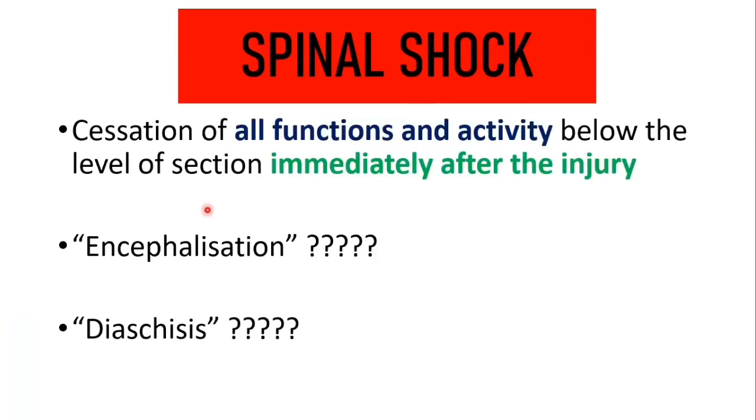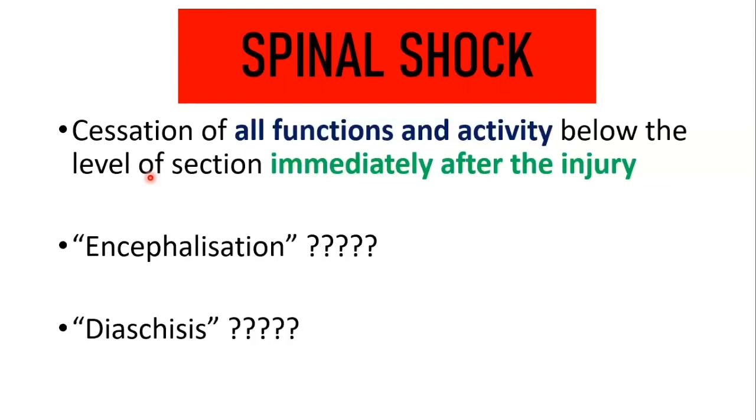The symptoms that you show in the stage of spinal shock depend on the level of section. Say, for example, you have a neck injury at the level of C5 or above C5. Then your respiratory muscles and respiratory centers are all going to be inactive, because the diaphragm receives fibers from C4, C5, C6, mainly from C4.